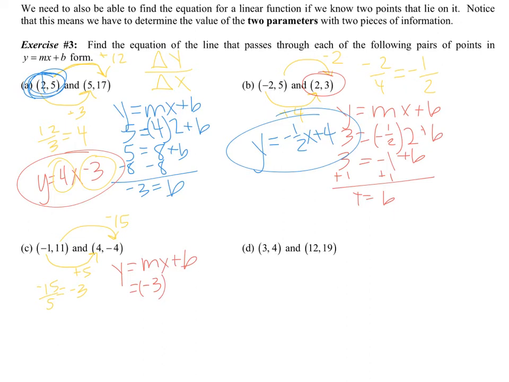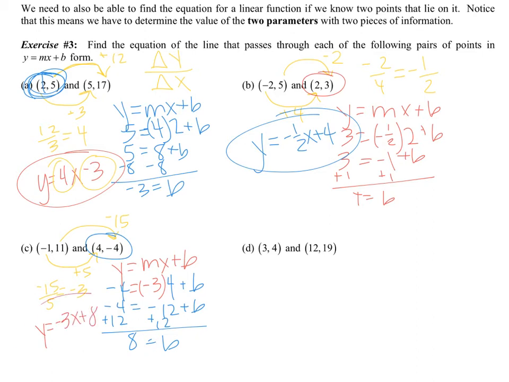Pick a coordinate point, doesn't matter which one you choose. And I'm going to plug 4 in for x and -4 in for y. A negative times a positive is a -12. We're going to add 12 to both sides. 8 equals b. So y equals -3x plus 8.